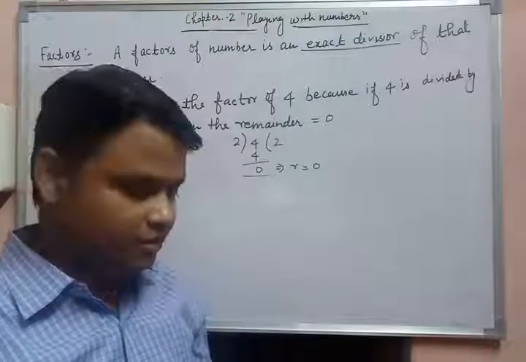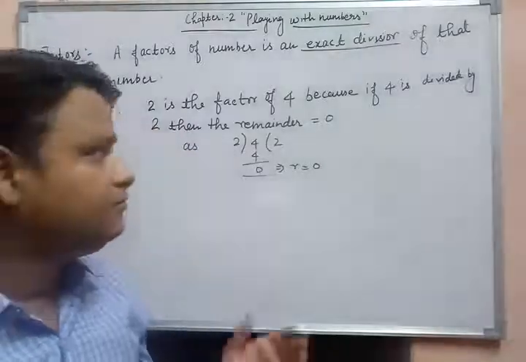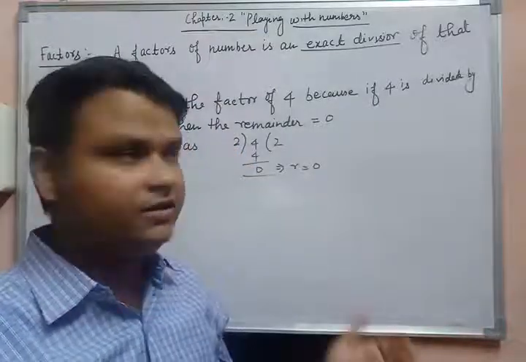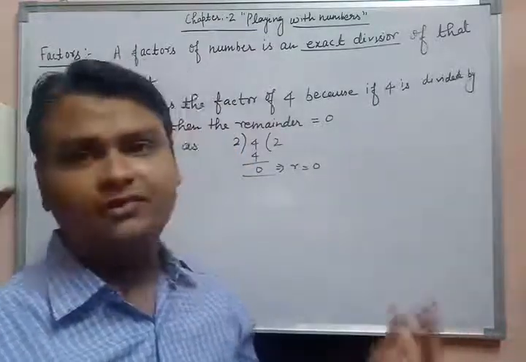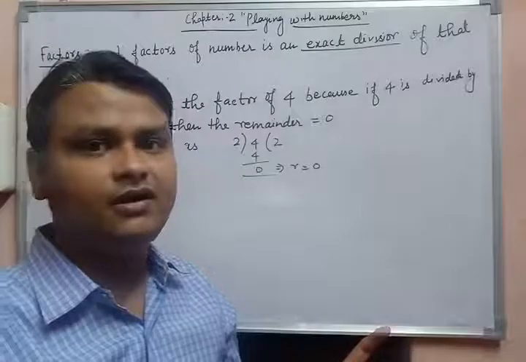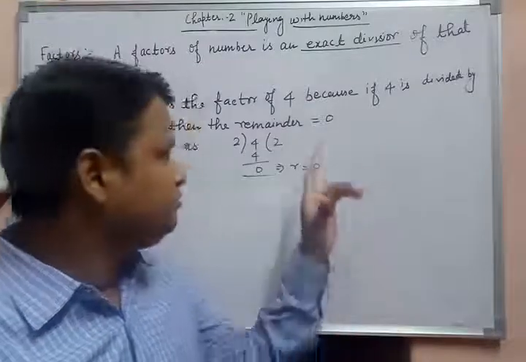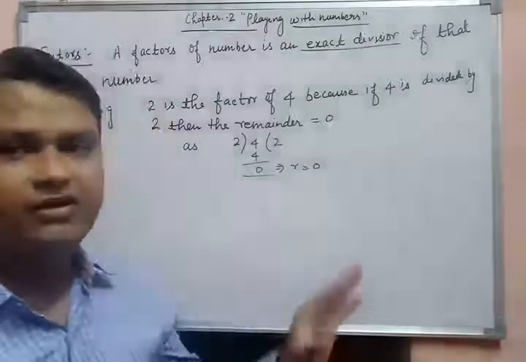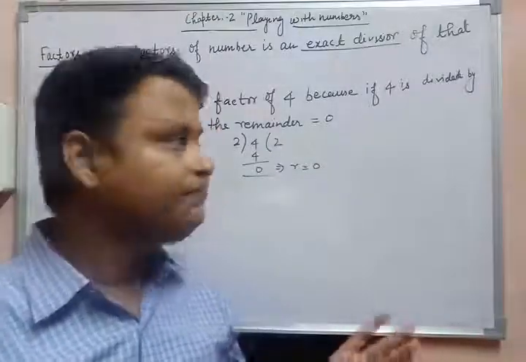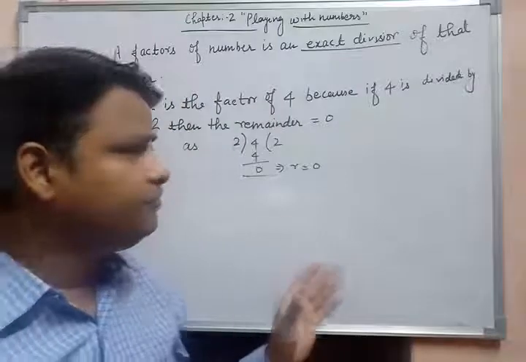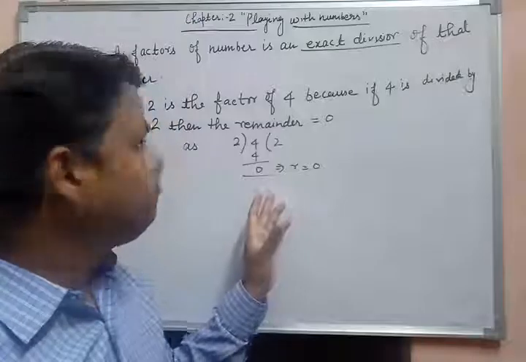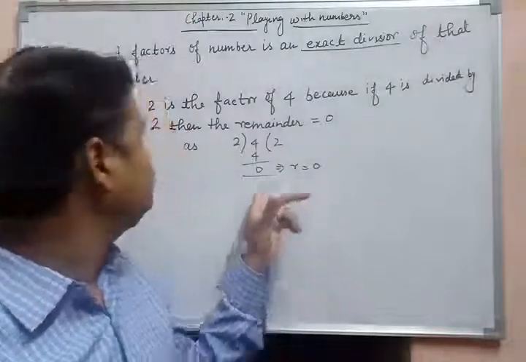It means if you have to check whether a number is a factor of another number, the number will divide that number, and when the remainder becomes 0, then the number is a factor of that number. So this is the concept of factor, and after that we have to move on to multiples.